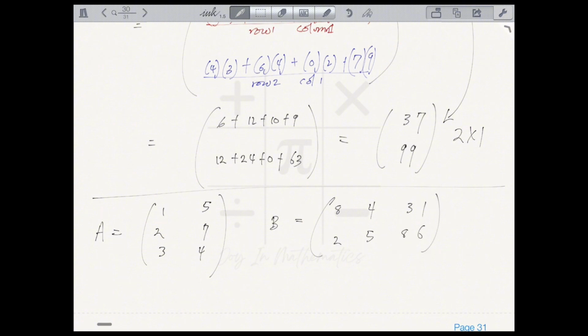Yes, this is a 3 by 2 matrix, and this is a 2 by 4 matrix. Oh yes, the inner dimensions tally, and therefore we are expecting a 3 by 4 matrix as the result. I believe you can try this and find the answer for A multiplied by B.